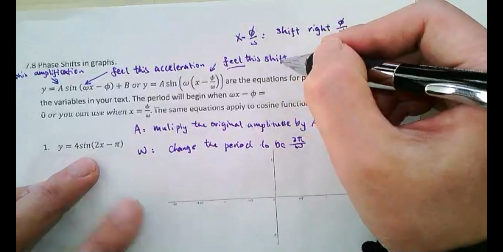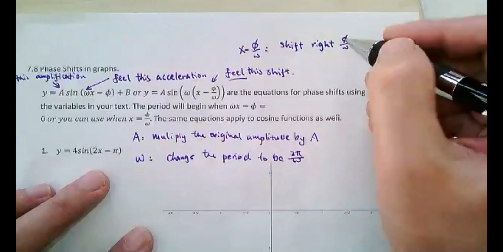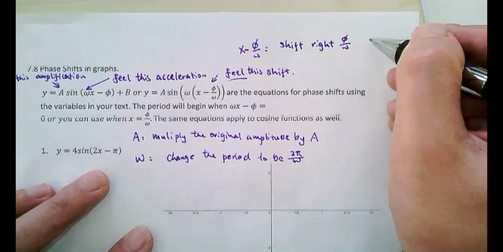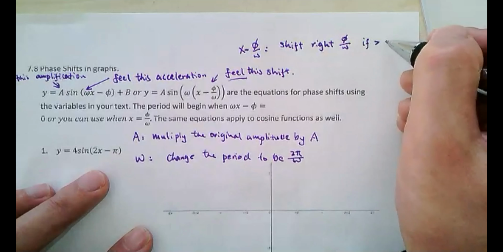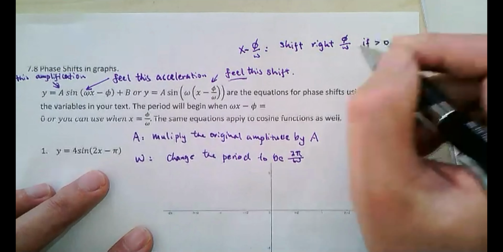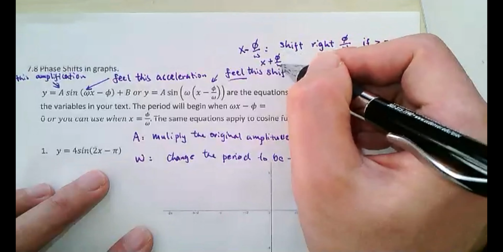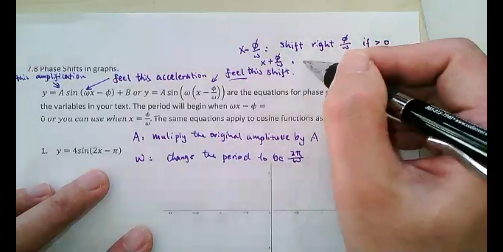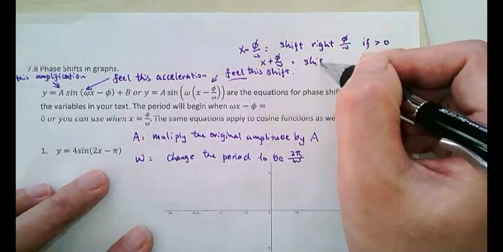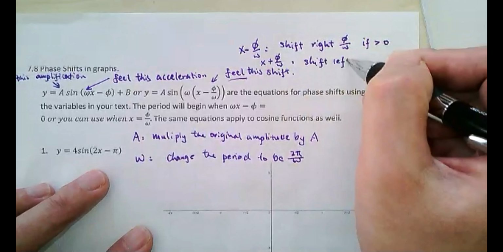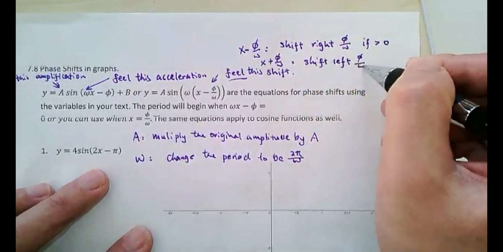This is your last step. Sometimes you add phi over omega. This is positive, which means shift left by phi over omega.